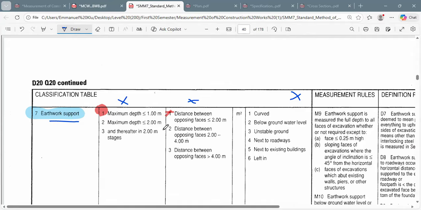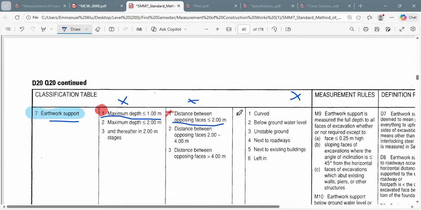And also the distance between opposing faces should be less or equal to 1 meter. We're going to describe this with respect to this, and also with respect to this. Because they didn't talk about curve below or ground level or anything, we leave it. Do you understand me?